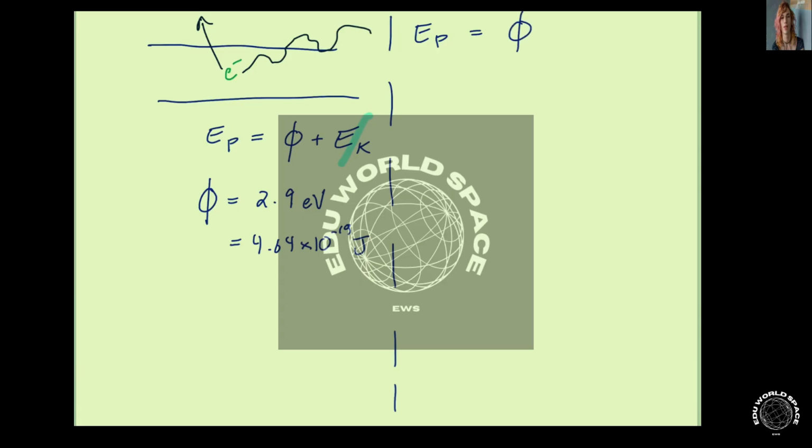That will be the minimum case for knocking off an electron. So the energy of a photon is hc over lambda, where h is Planck's constant and c is the speed of light. And so this is equal to psi. So we can solve for lambda, and we get that lambda equals hc over psi, the work function.